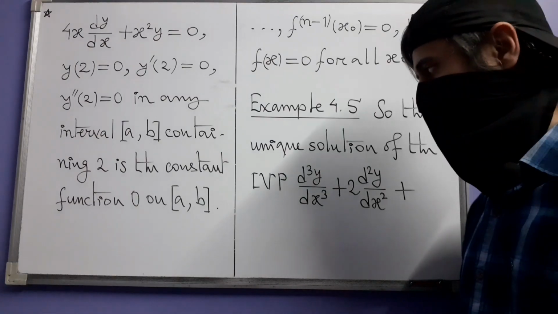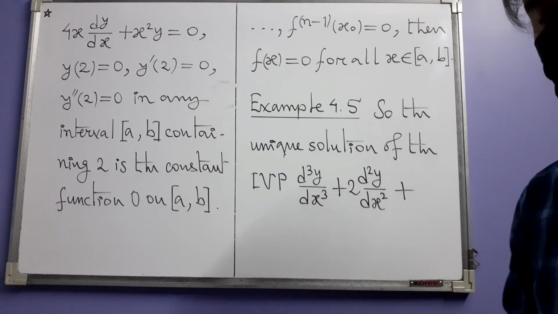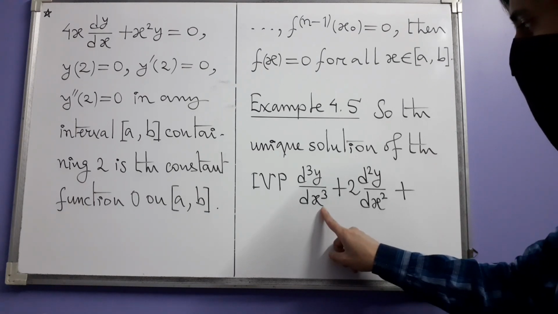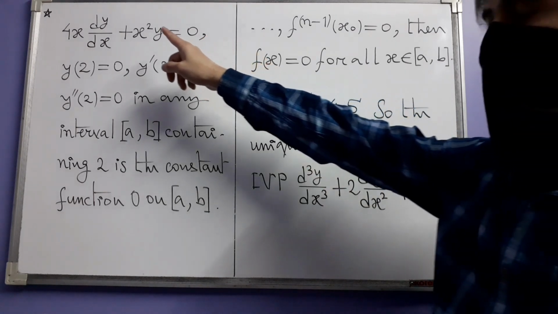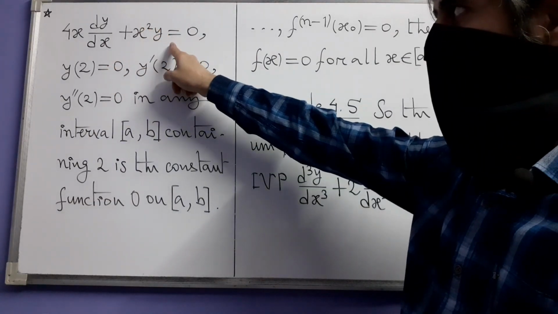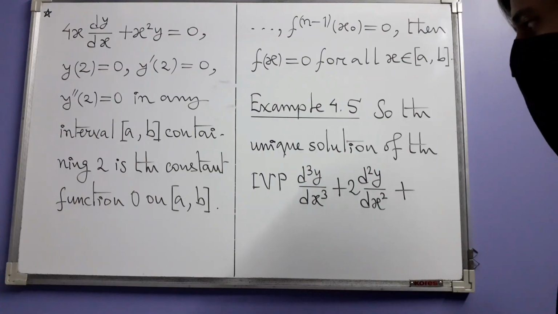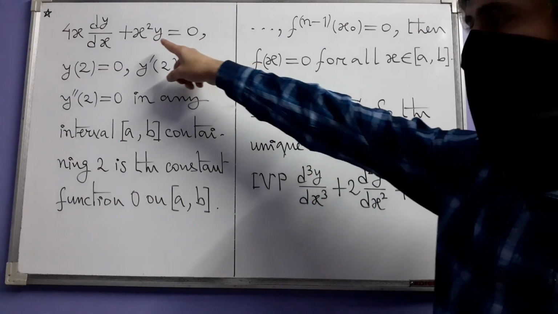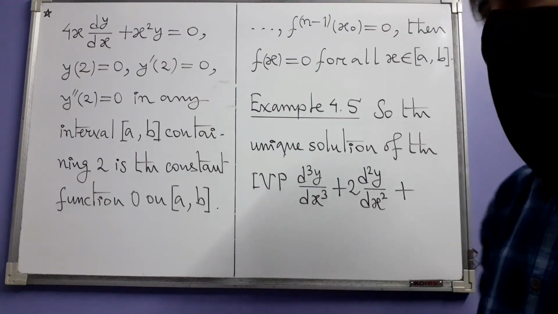What is the IVP? It consists of this third order differential equation, linear, the third derivative plus 2 times the second derivative plus 4x times the first derivative plus x squared y equal to 0. So you see that the right hand side is 0. Also, the coefficient functions, all being polynomial functions, are continuous throughout the real line.